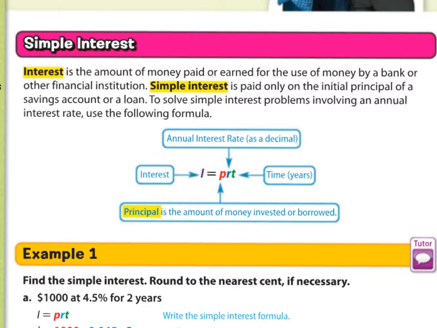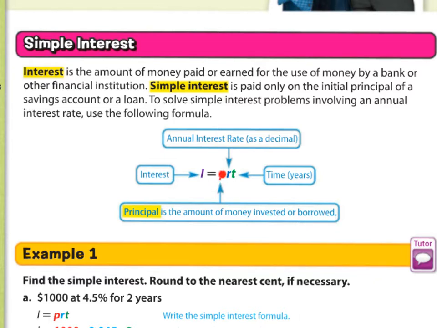Annual interest rate. Okay, so let's look here. It looks like interest equals the principal times the rate times time. The principal is the amount of money invested or borrowed. So invested means the amount of money you've deposited into a savings account, or the bank can also charge you interest if you borrow this money from them, like a credit card.